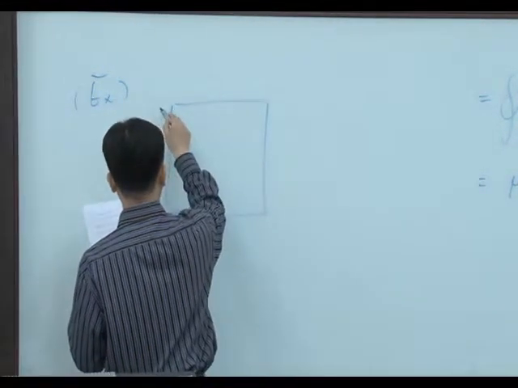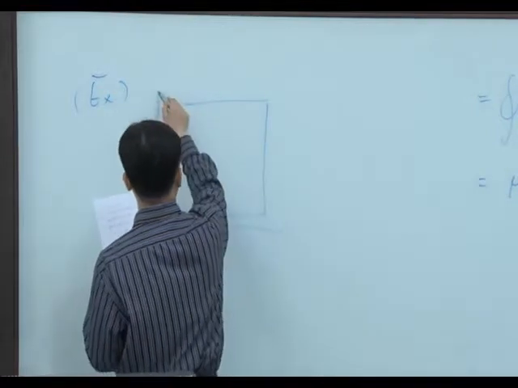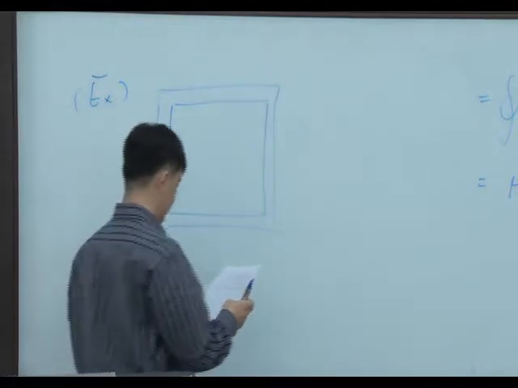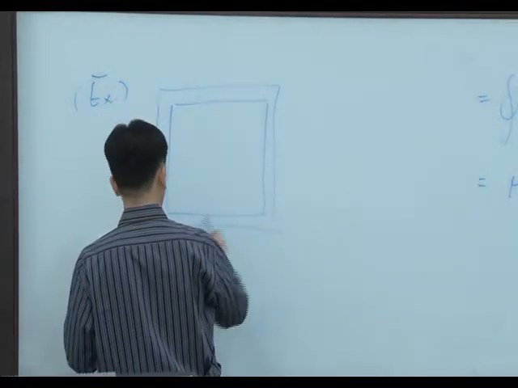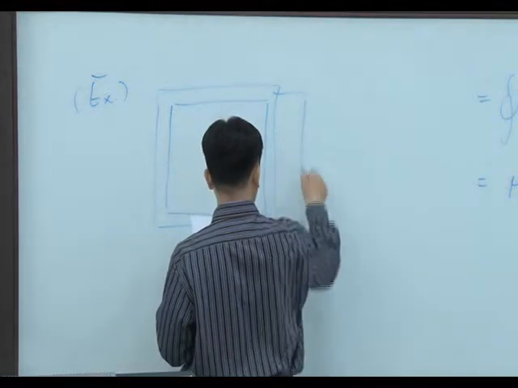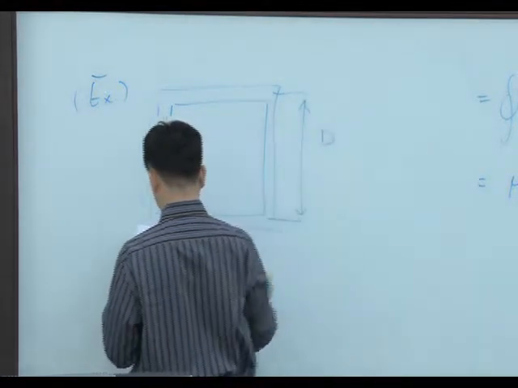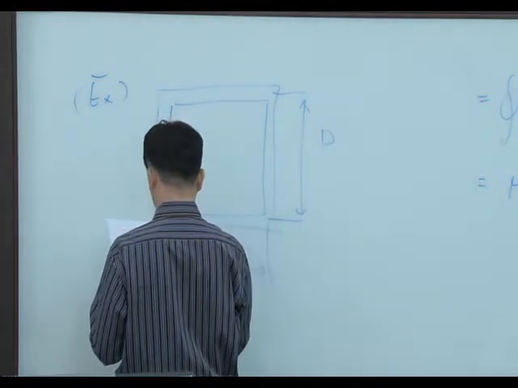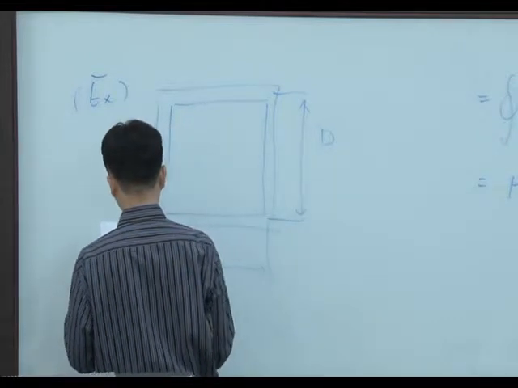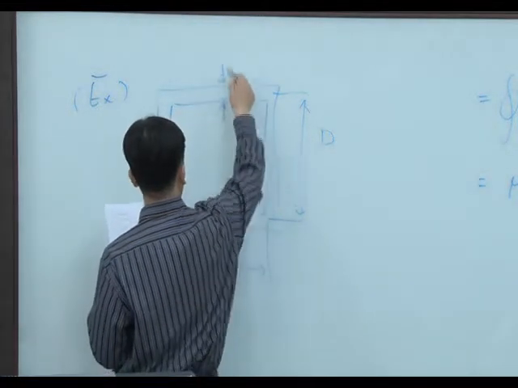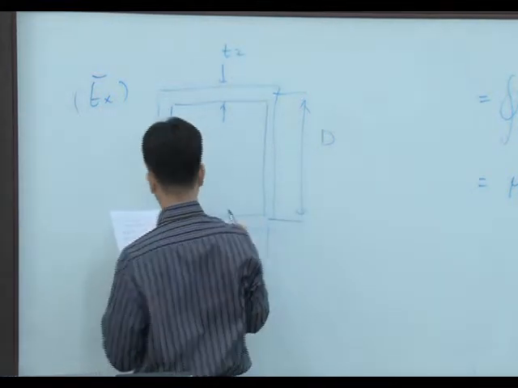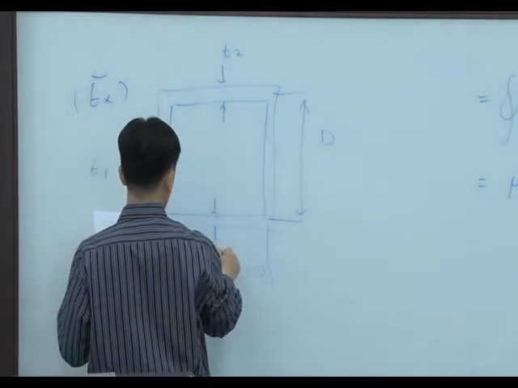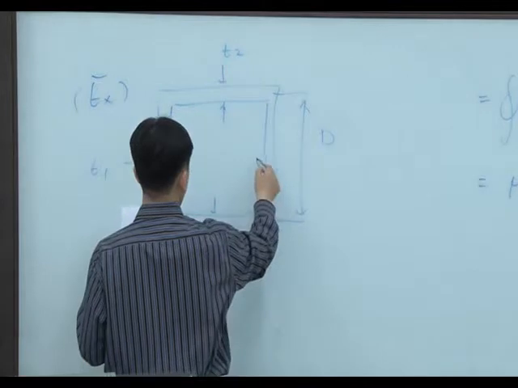Let's consider a tube. This is a thin-walled tube, and it has dimensions D, and here B. And this is thickness T2, and this thickness T1.